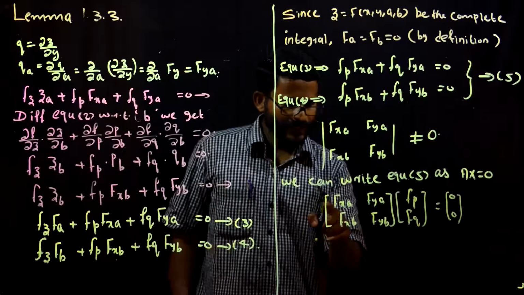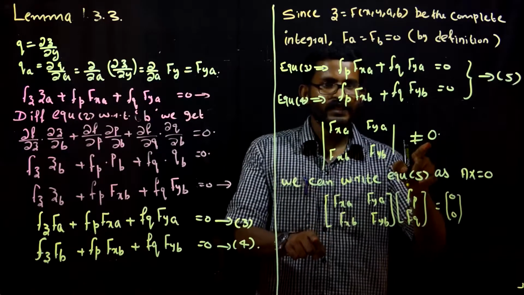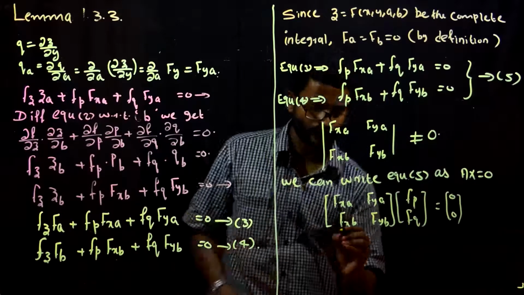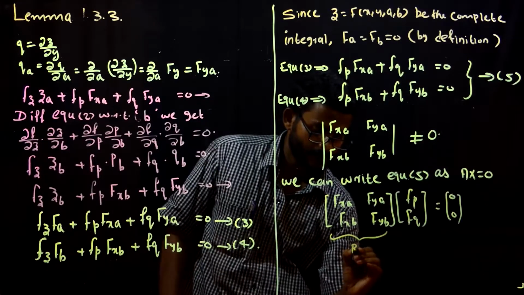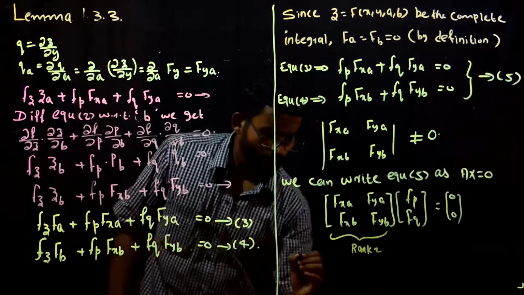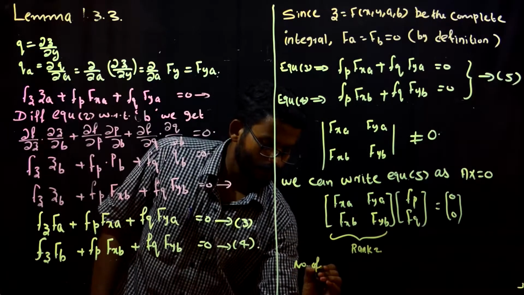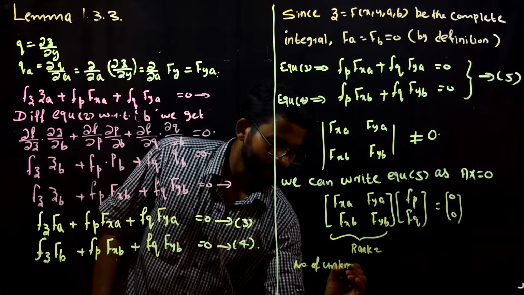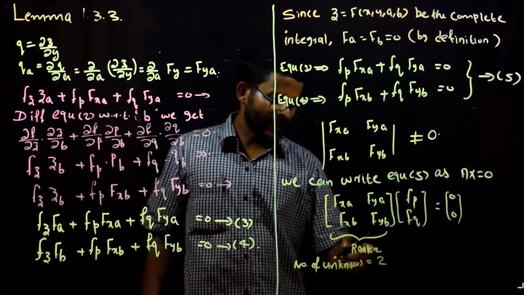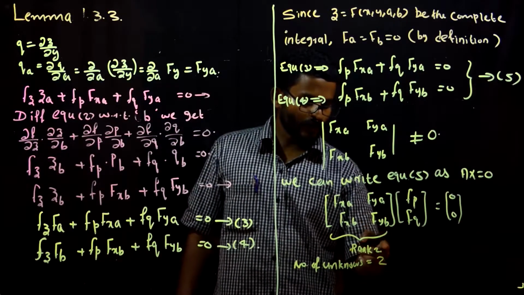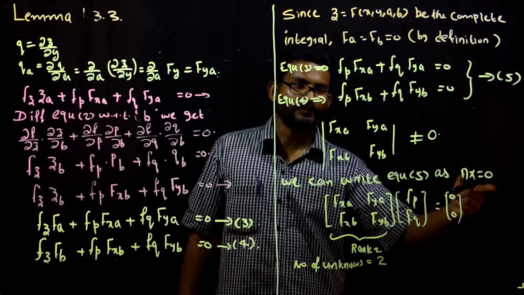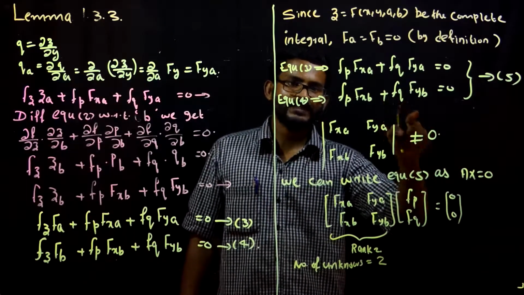Since the determinant of this matrix is not equal to 0, this matrix has rank 2. The number of unknowns is equal to 2. Since rank is equal to the number of unknowns and this is a homogeneous system, this system has a unique solution.